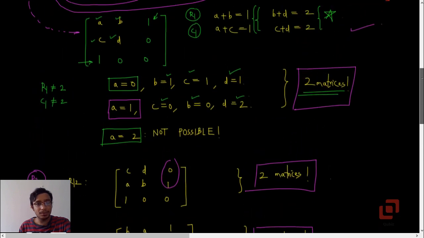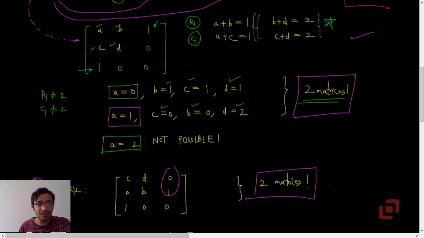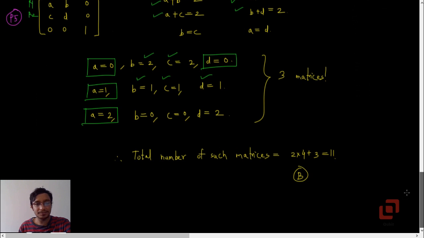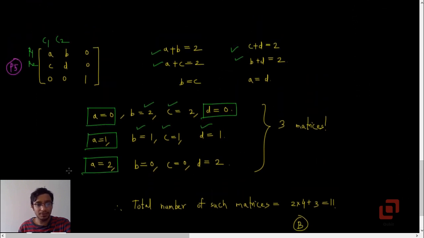Previously it was not possible because we were having ones here, so we had to exclude that possibility, but now we can take it into consideration. Okay, so A equal to 2, that will give us B equal to 0, C equal to 0, because A plus B is 2 and B equal to C, and D again equal to 2.